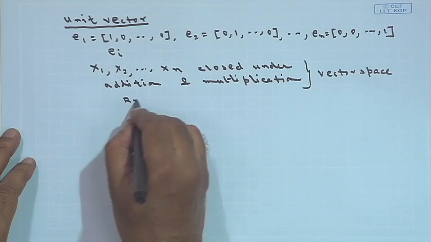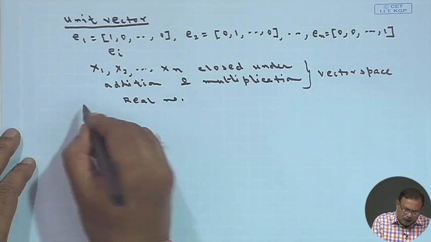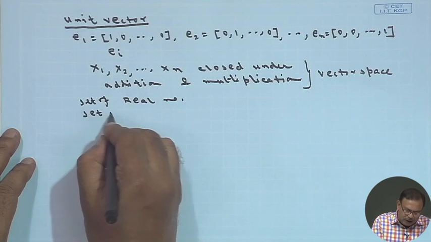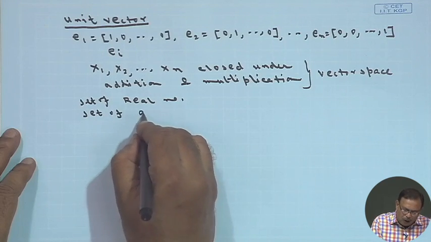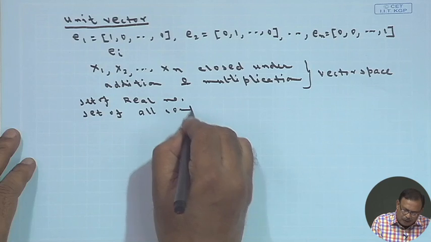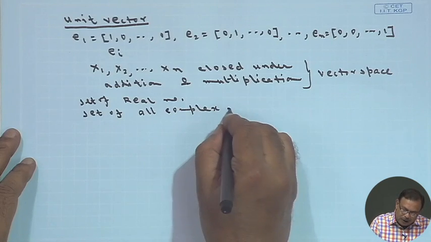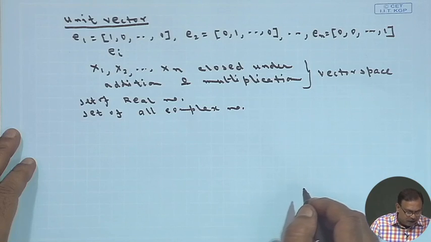As an example, if you take the set of all real numbers or the set of all complex numbers, they will form a vector space.